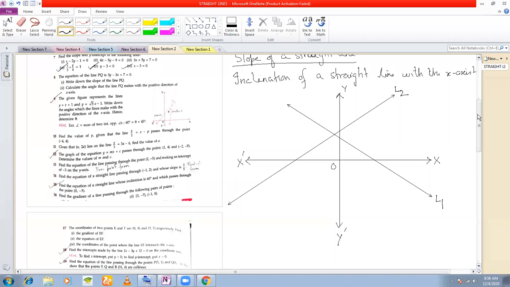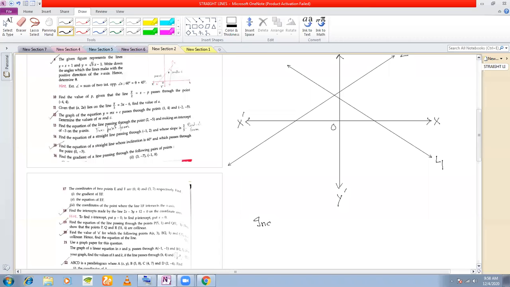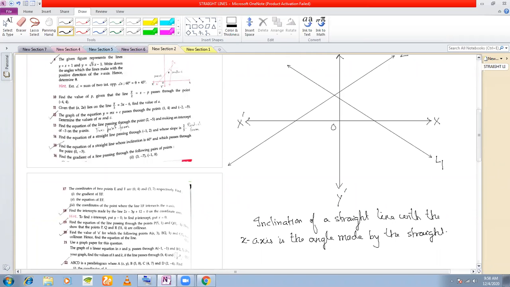The inclination of a straight line with the x-axis is the angle made by the straight line with the positive direction of the x-axis. Now, what do you mean by positive direction?